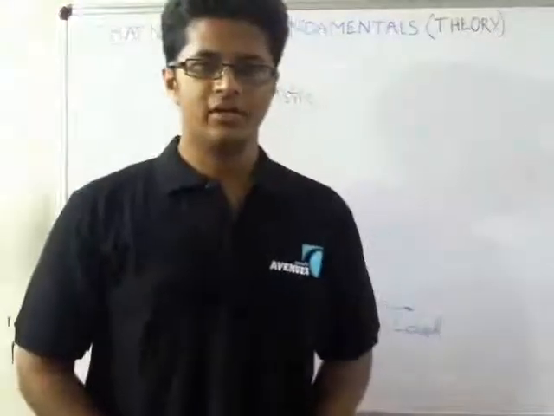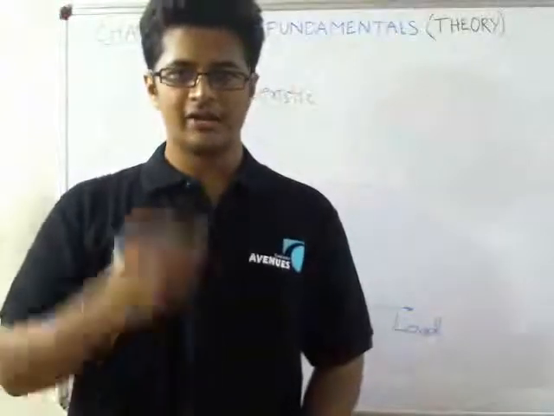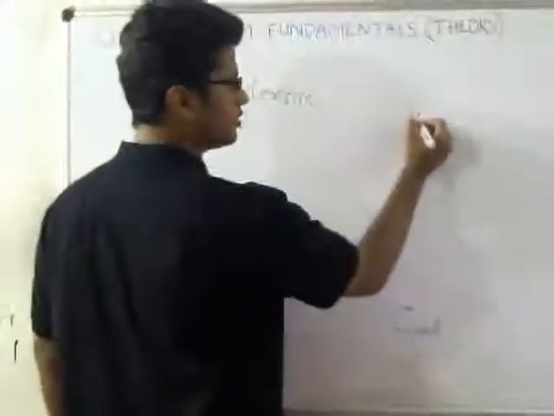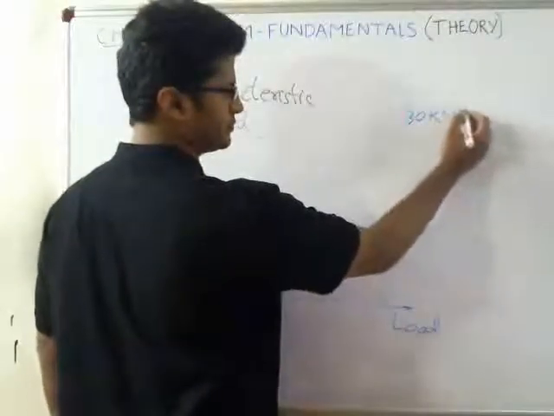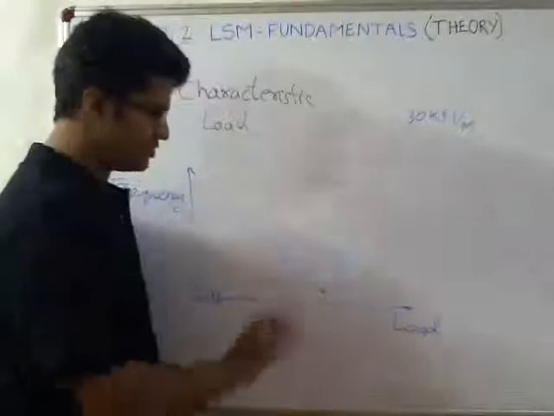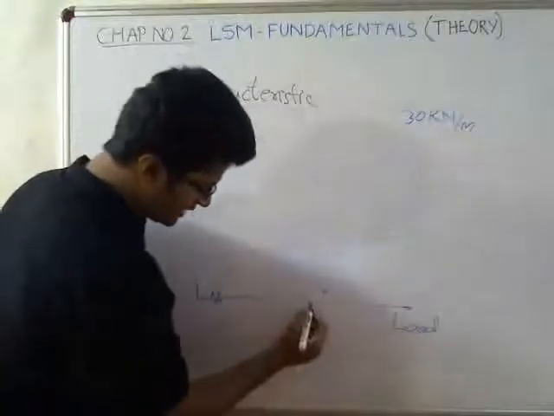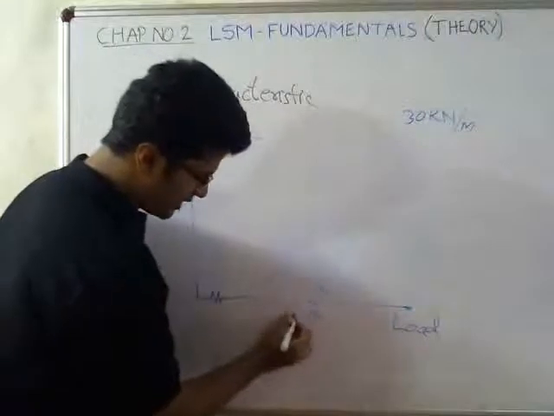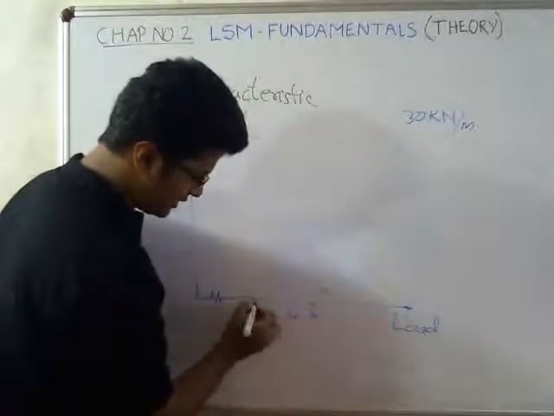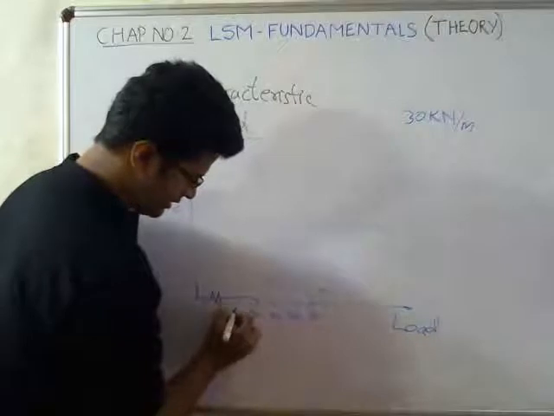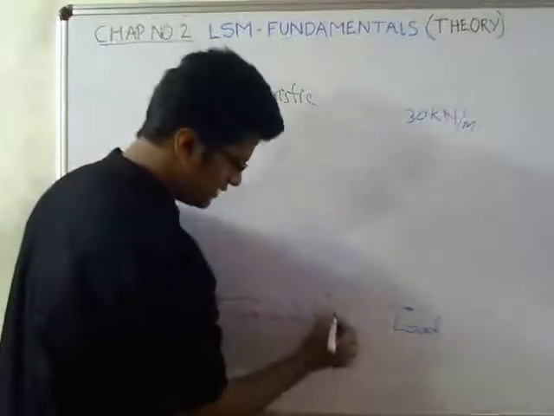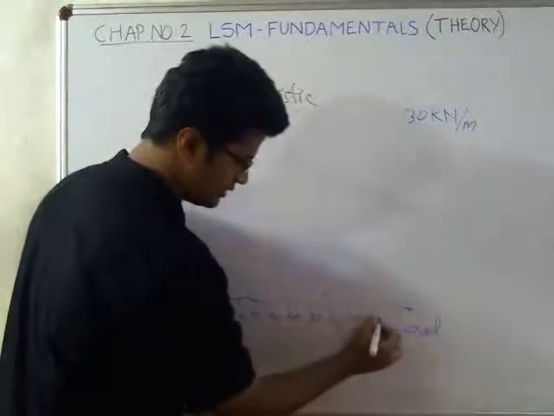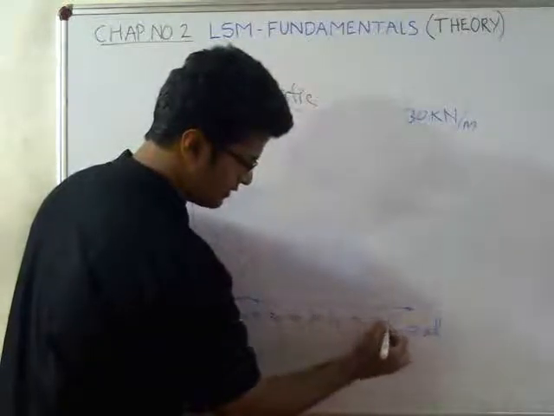Suppose the mean load of your member, which you are calculating in a structure, is say 30 kilonewton per meter. Let's assume this value. So let us mark 30 somewhere here. Before 30 it will be 25, 20, 15, 10 and so on. After 30 it will be 35, 40, 45 and so on.